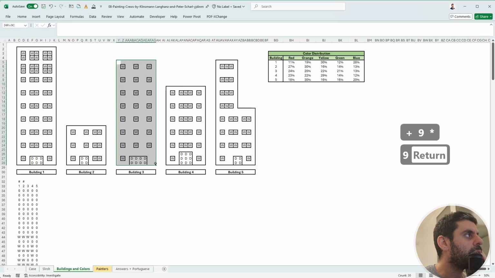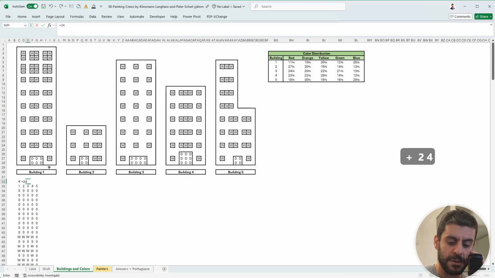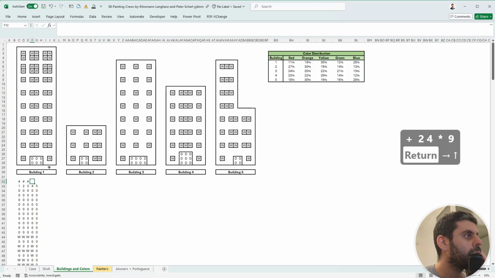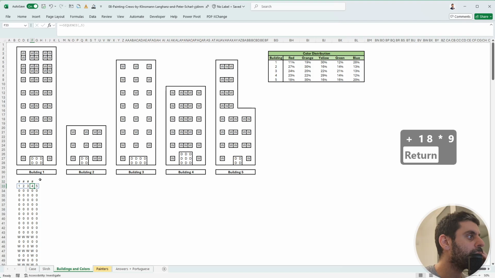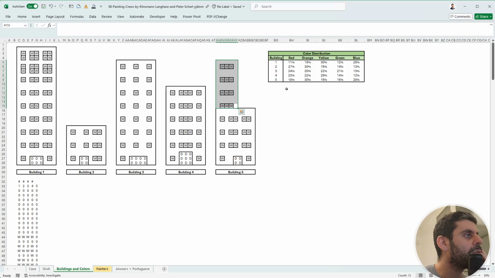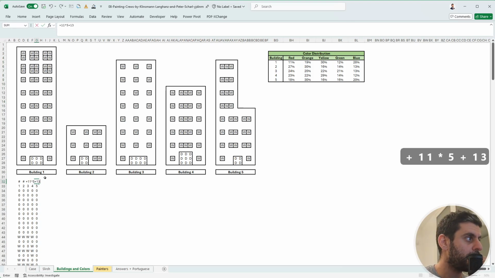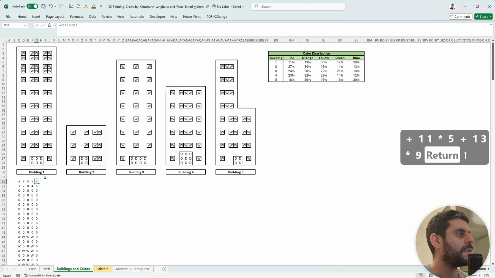That's a 24 times 9. This is 18 times 9. And this is 2 components. It's a 13 by 9, 11 by 5. So 11 times 5 plus 13 times 9. Okay.